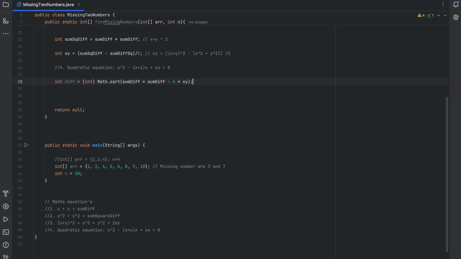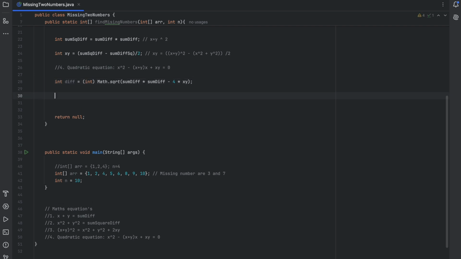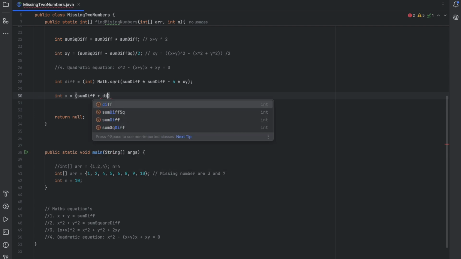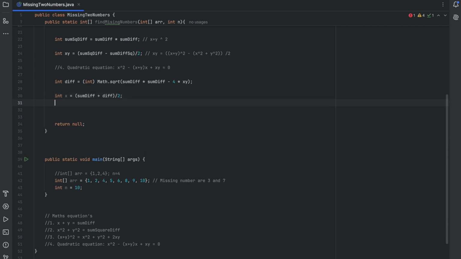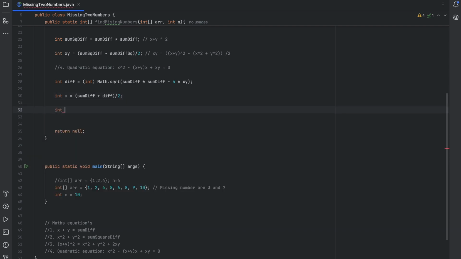Okay, now we have our int x equals to sum difference plus difference divide by 2, and then once we have our x, we have our y.